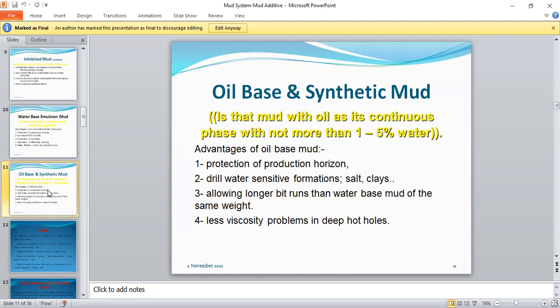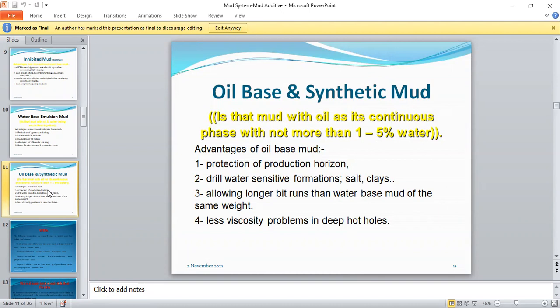Second, you can drill water-sensitive formations such as salt and clay. Remember, if you carry water-based mud to water-sensitive formations like salt and clay, it will just melt the clay and the salt, and that formation will not hold. Imagine you have a block and you want to form a hole using water; the hole will not be very stable.